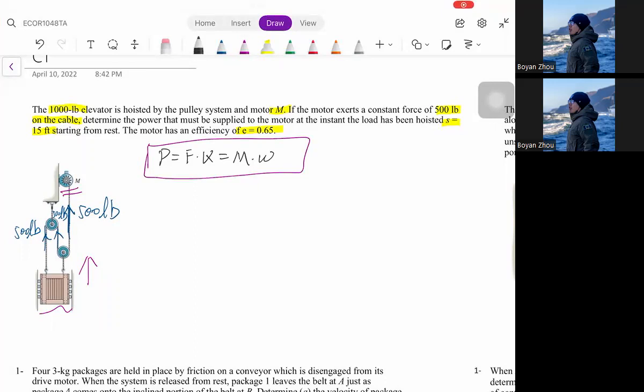On the electrical side, you may also notice power is equal to current times voltage. That's something else, and we don't need to worry about that now. We're going to use this equation to find the power.